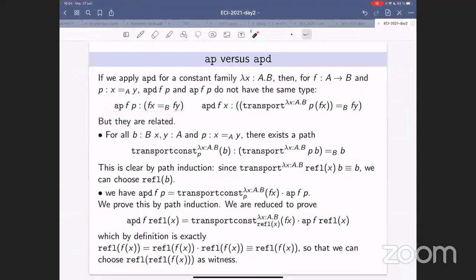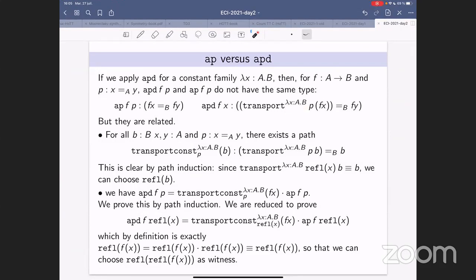Now this arrow type is actually a special case of pi type. So we could as well have tried to define app D F x by pretending that B depends on A, even if it depends in a fake way. So we have this constant family of types, lambda x.